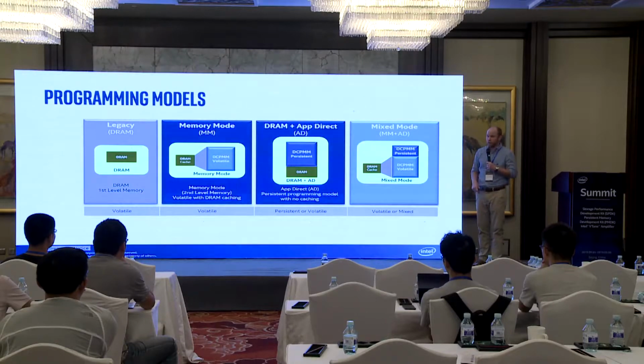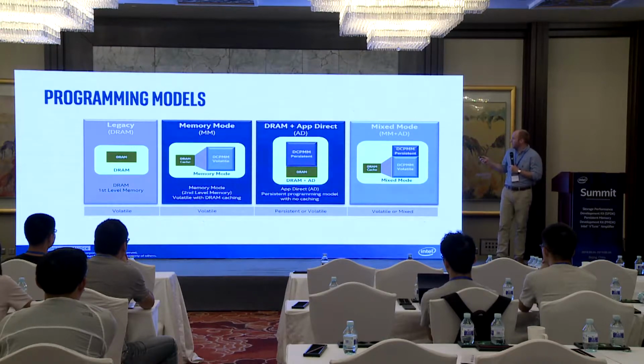The persistent memory is going to be larger, so you may want to allocate objects there. There's also the ability to mix. If you have a lot of Optane DC persistent memory, you can configure some of it in the memory mode and some of it in the persistent mode, so that's available as well.